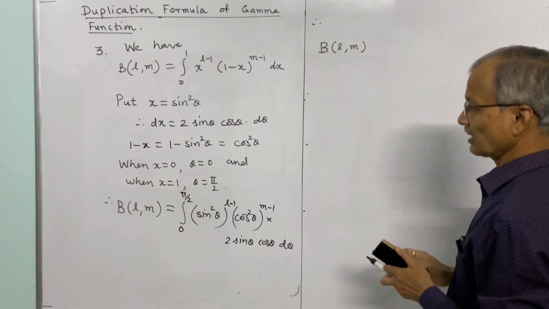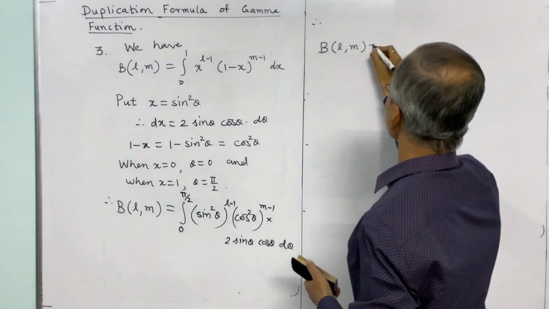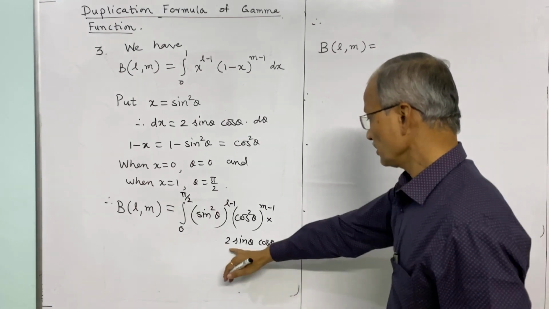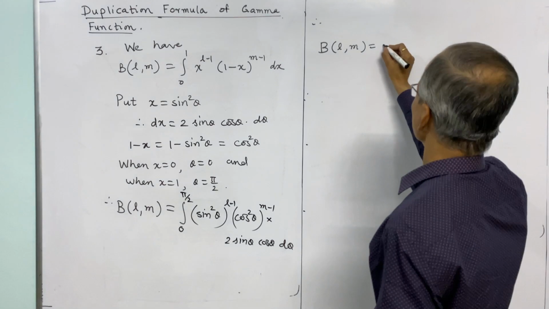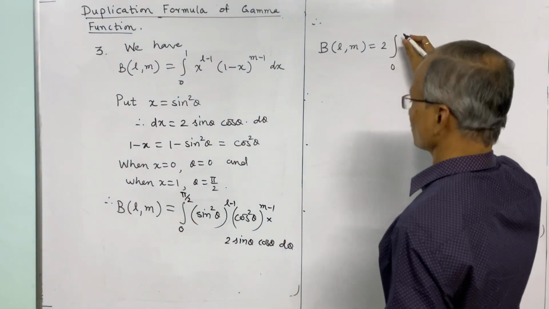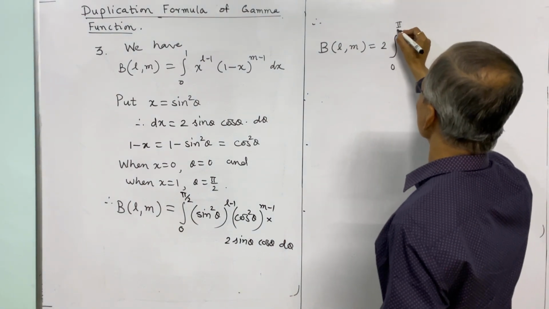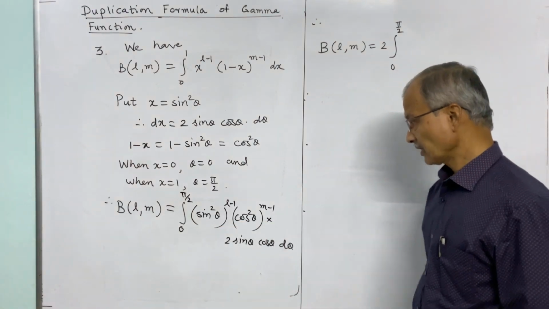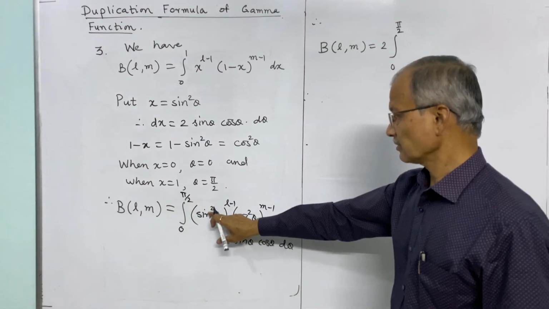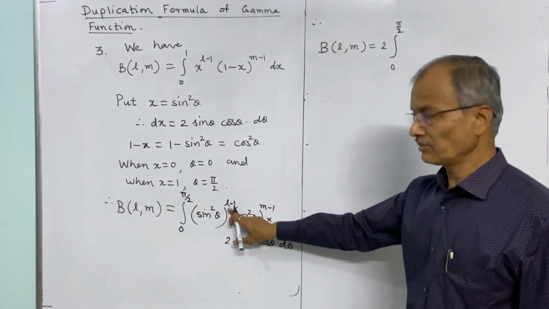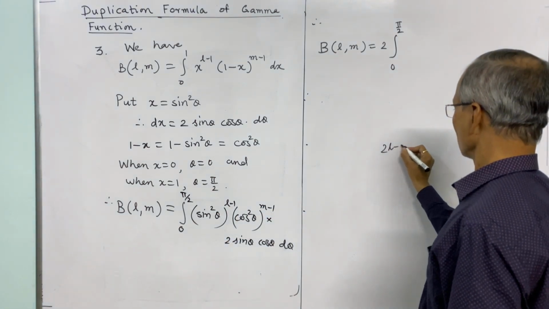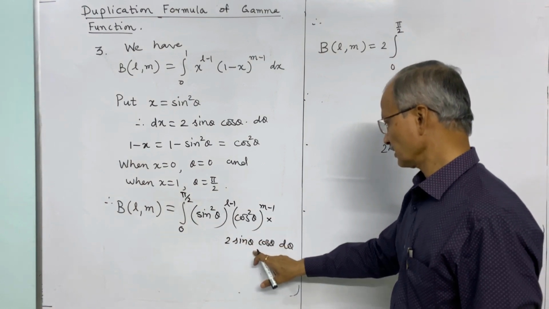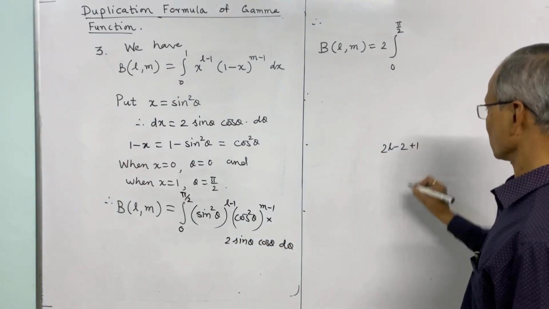Beta of L and M is equal to 2, which is a constant and can be written outside the integral, 2 integral 0 to pi by 2. Sine is here, the power is 2 and raised to L minus 1 means 2L minus 2, and here it is a single power, that is plus 1.